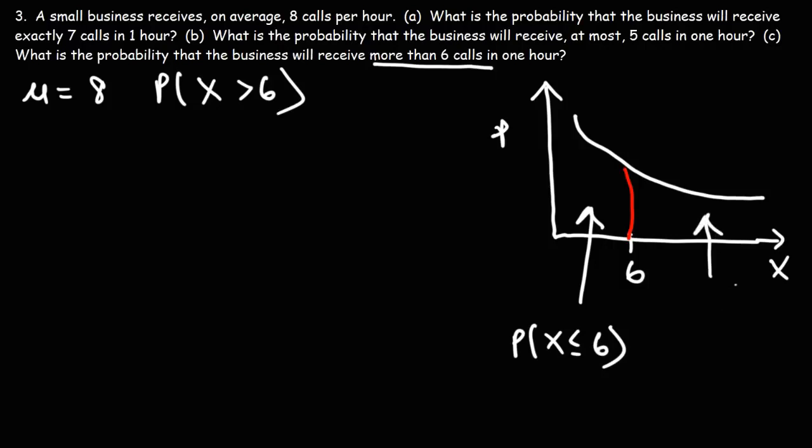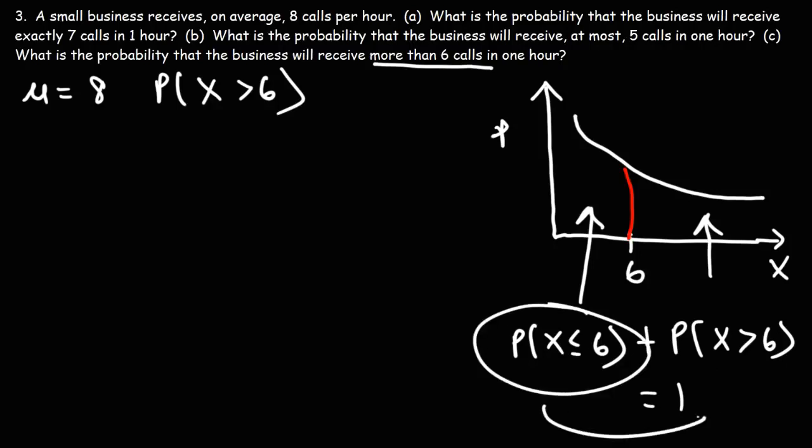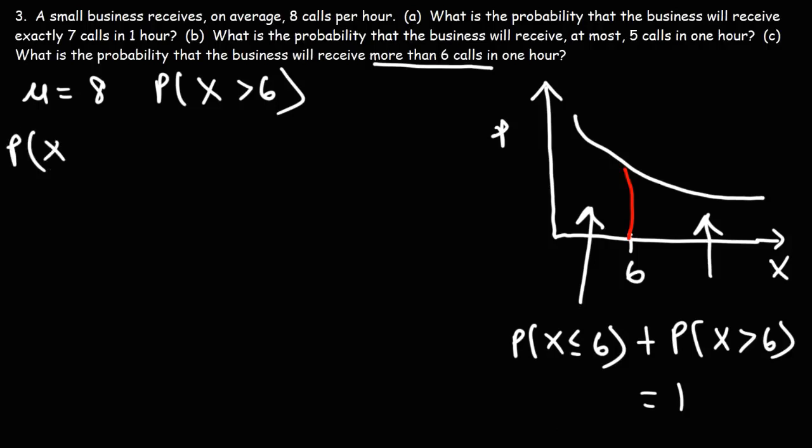On the right side, this represents the probability that x is greater than 6. Now, if we add these two values, this is going to equal 1. So if we take this term and move it to this side, we could say that the probability that x is greater than 6 is 1 minus the probability that x is less than or equal to 6.